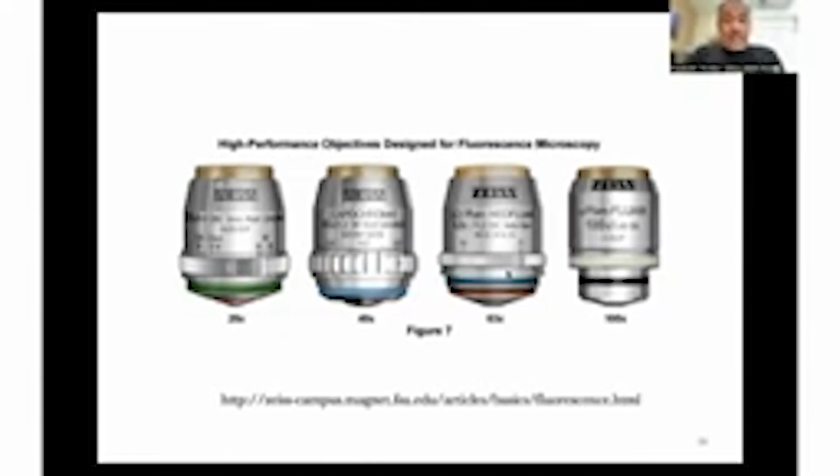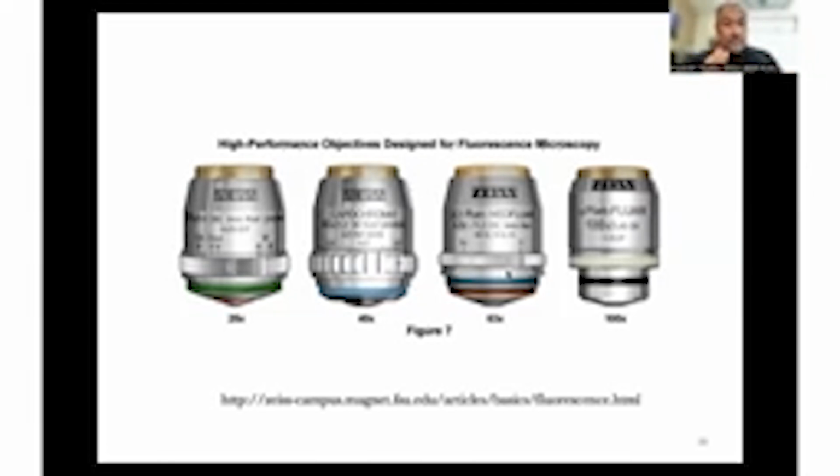As I said, these are the different kinds of objectives. And as you can see, each objective has a certain magnification. It will have a certain numerical aperture, and together they determine the efficiency with which you can see through it.